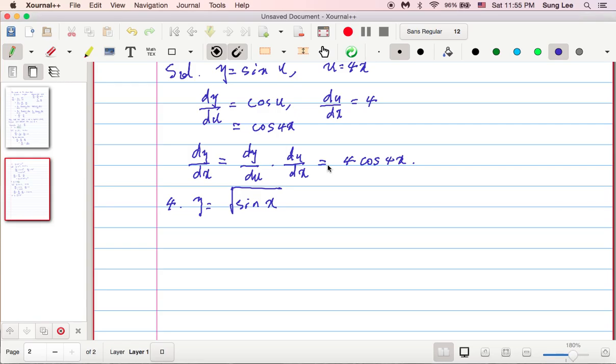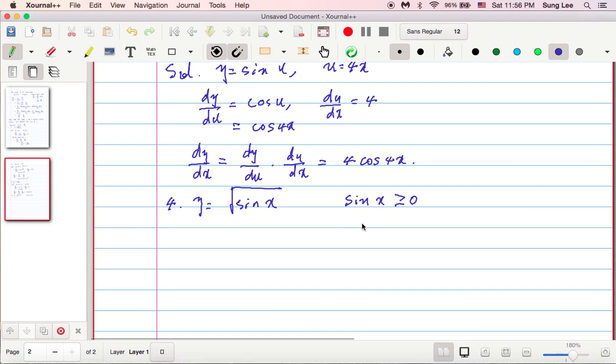The square root function is defined when whatever is inside the square root is non-negative. You can't have a square root of a negative number. So here, sine of x is required to be greater than or equal to 0. But as you know, sine of x can be negative.